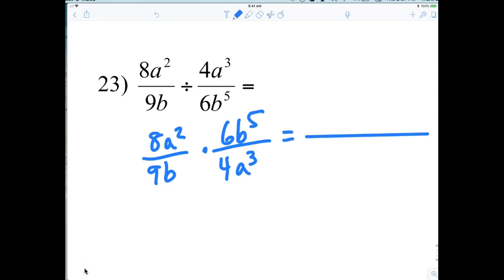And now just reduce 1 and 2, divide by 3. So did anybody else get 4/3 besides me? I did. All right. How many a's on the top, and how many on the bottom? So I have 1 a on the top, and then b to the 4th.